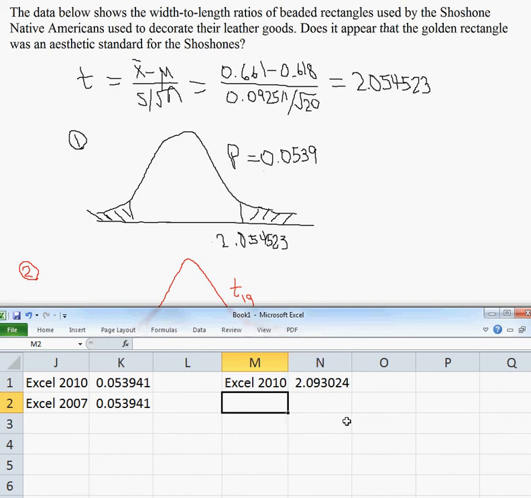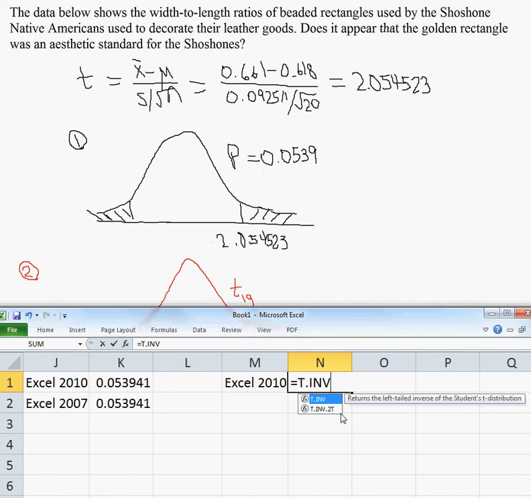Now, you don't have to do what I'm about to do. Another way of getting this would be T.INV of 0.025, 19, which is another way of stating that 2.5% of the area lies in the left tail, and I get the same answer as well, negative 2.093.